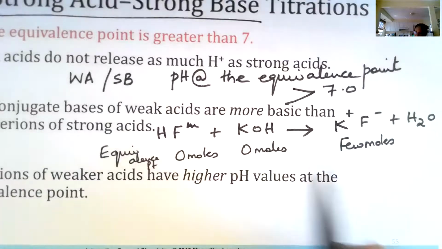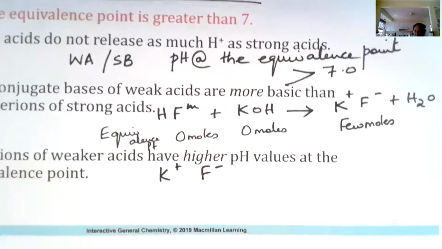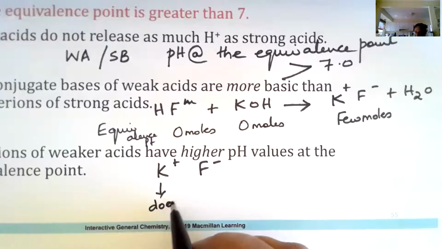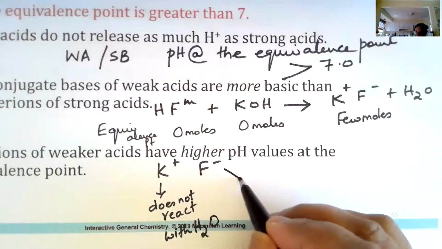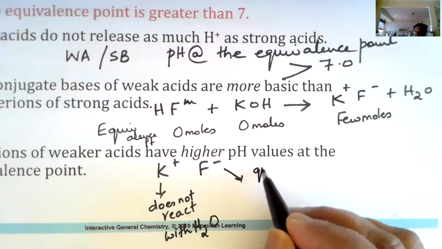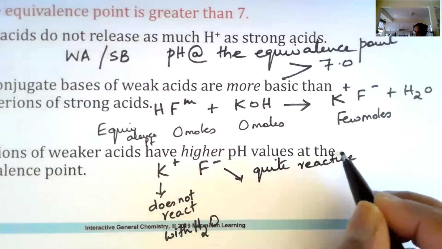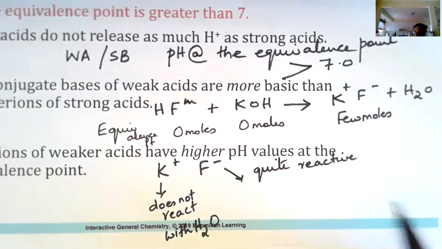Now, K plus and F minus. K plus does not react with water because it comes from KOH. F minus is quite reactive because its source is HF, which is a weak acid.